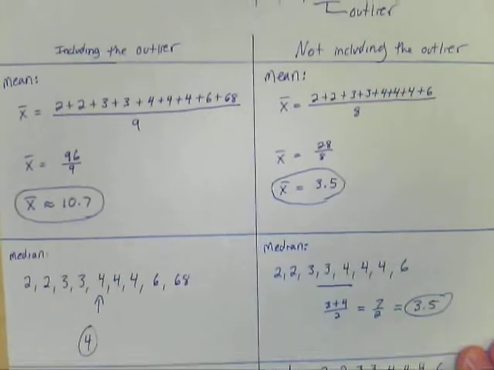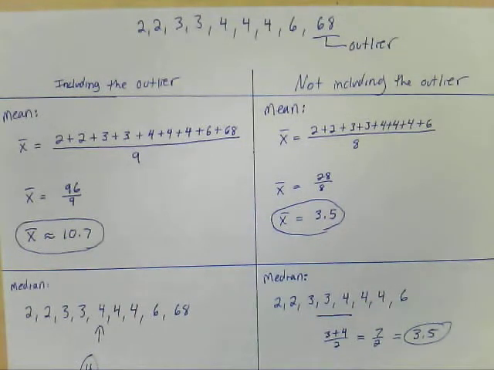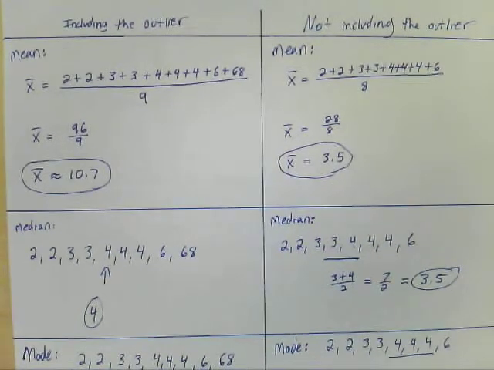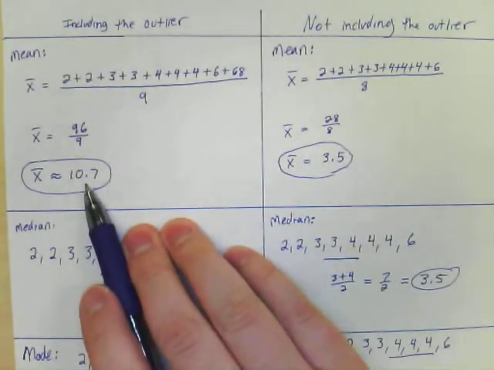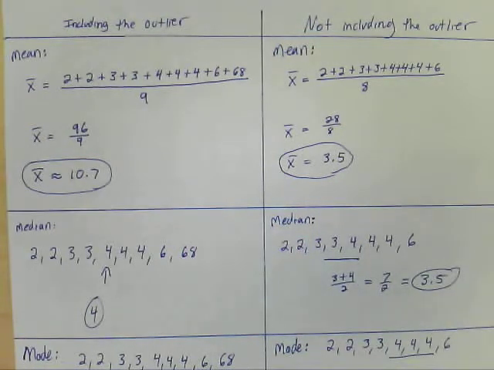So using this data set, 68 is the outlier. It is much bigger than all of the rest of the data points. If we calculate the average, including the outlier is on the left and not including the outlier is on the right. You can see we get a much bigger average than if we don't include the outlier. This outlier really skews the average and makes it so that the average really does not represent the data.